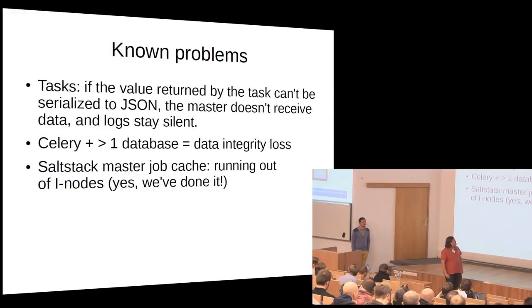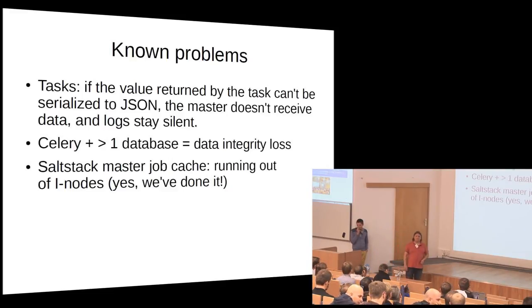We had to write a program which removes obsolete data. Now there is a possibility to make a database job cache, so in the latest version it is fixed. So you will not experience this problem. We did, and we lost a lot of time on it.